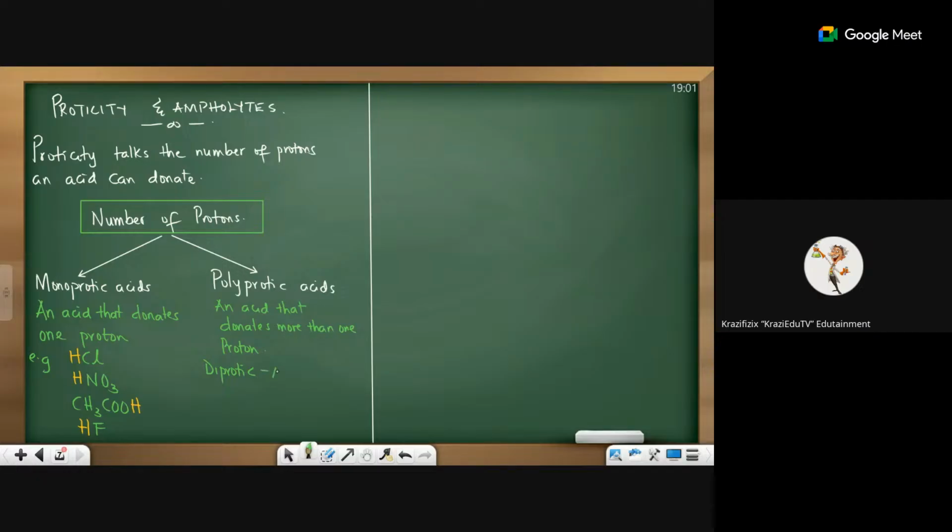So an acid, we are now specific, that donates two protons. We are very specific here now. Let me draw my definition, then we'll do examples on the next page. Triprotic. What does tri mean? Triangle. An acid that donates three protons.